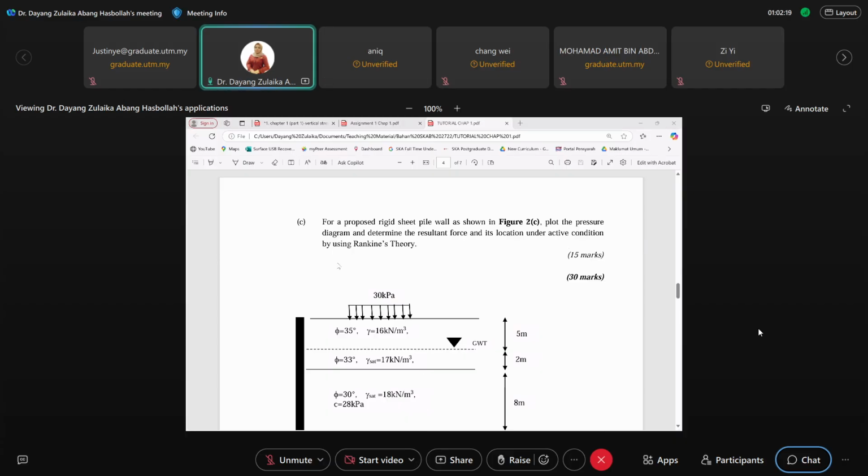Tutorial chapter 2, tutorial lateral earth, chapter 1.